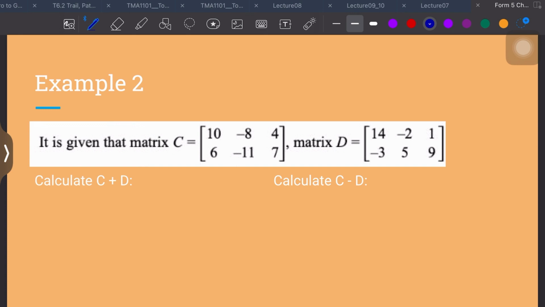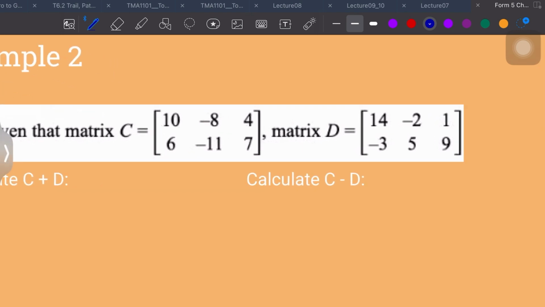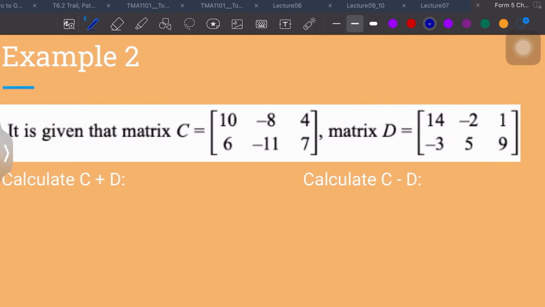It is given that matrix C is 10, negative 8, 4, 6, negative 11, 7. Matrix D is 14, negative 2, 1, negative 3, 5, 9.